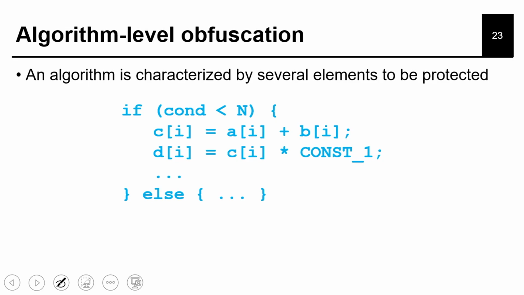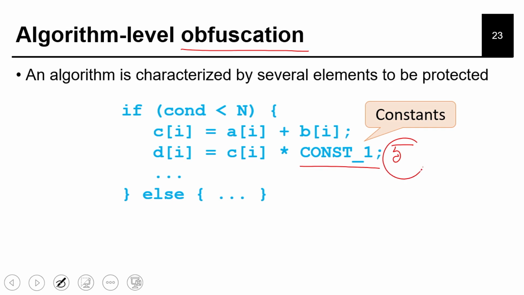So, what are the kind of things we can obfuscate? Effectively, you are masking the behavior from the user. So, what information can I hide or obfuscate from the attacker? One thing we can do is the constant. Suppose you are using 5 here.